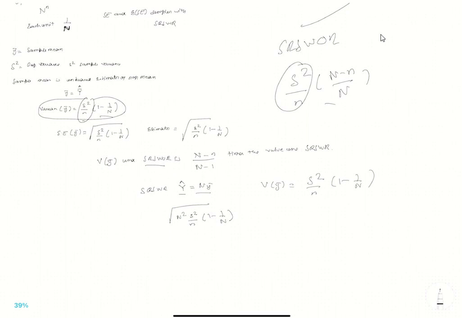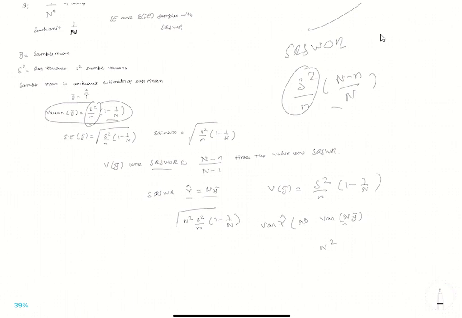So what will be the variance of Y hat? Because Y hat is N times y bar, that N becomes N square in the variance of Y hat, and if we want to estimate it, instead of the capital S it's going to be the small s.